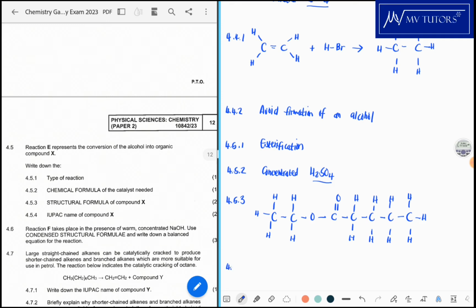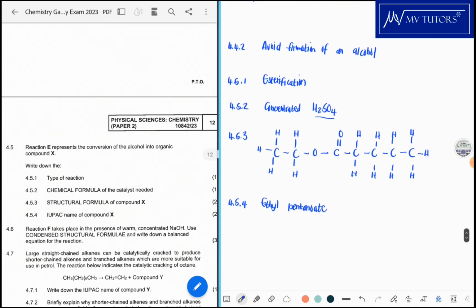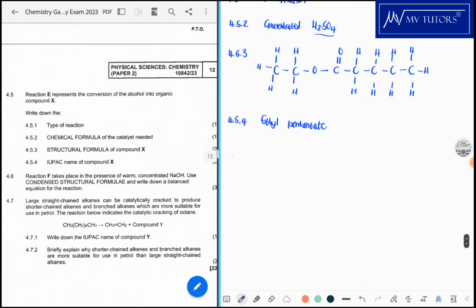Now 4.5.4. The IUPAC name for compound X, we already wrote that down. So it's ethyl pentanoate. We are flowing, guys. We are flowing. 4.6. Now it says reaction F takes place in the presence of warm, concentrated sodium hydroxide.